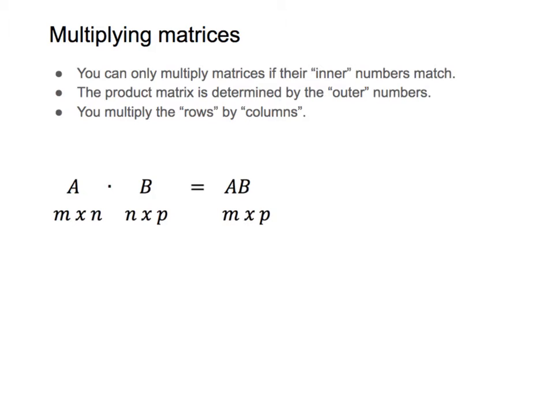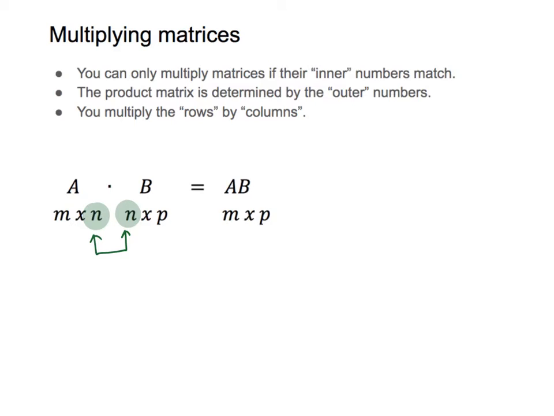What I've already done is figure out the size for this matrix and the size for this matrix. So the first thing you have to do is figure out the size. Once you do, you're going to take a look at their inner numbers, so the column in the first matrix and the row in the second matrix. And you're going to compare.